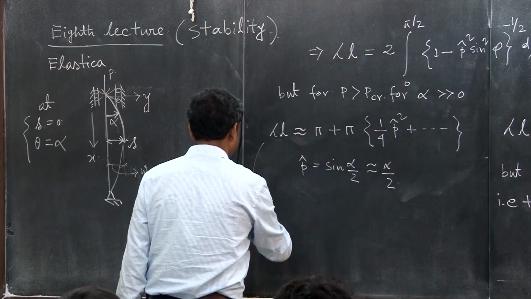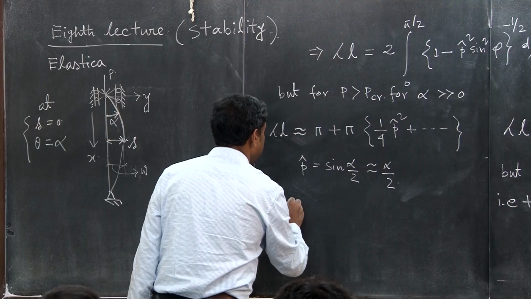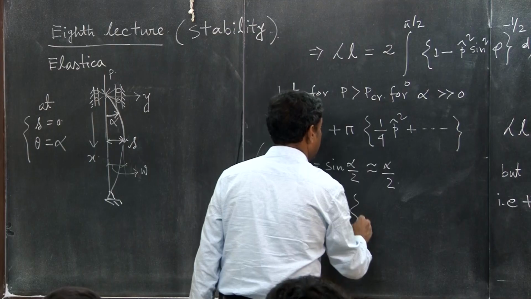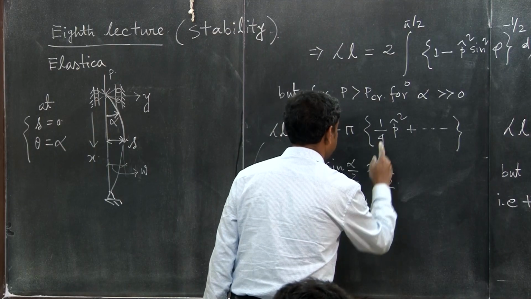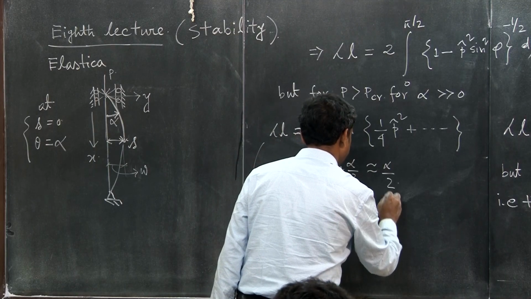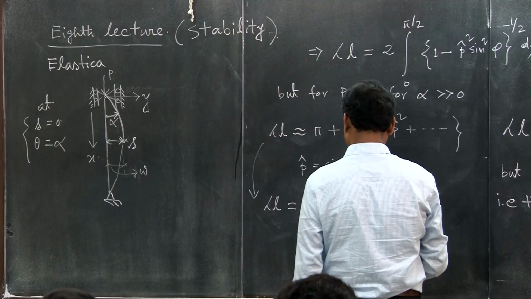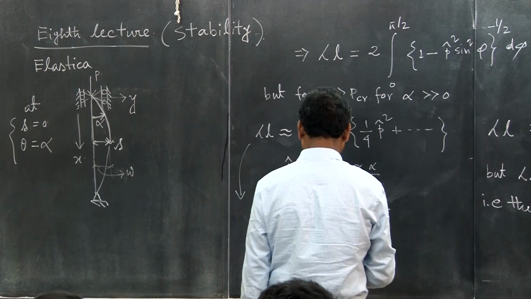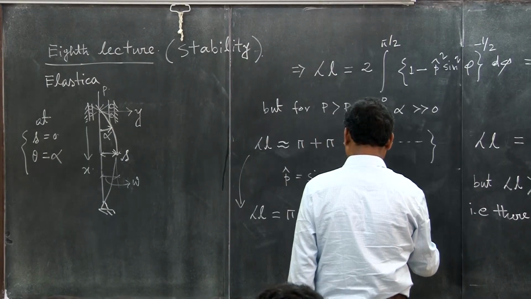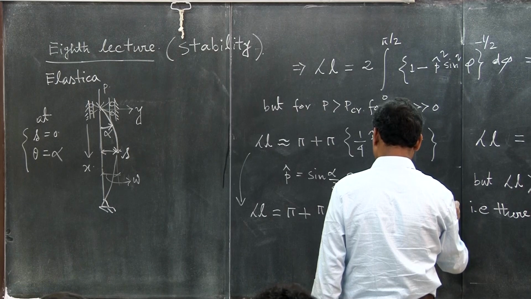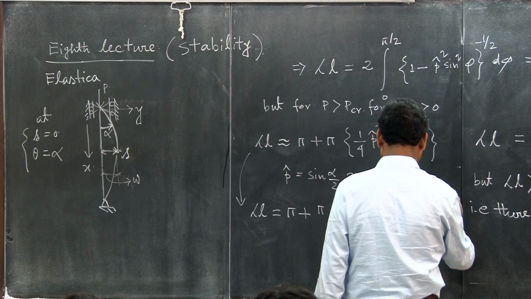So then we can write lambda L equal to pi plus pi times 1 by 4, and p cap is alpha by 2, so p cap square is alpha square by 4, right? You see that? So this is pi times 1 plus alpha square by 16.